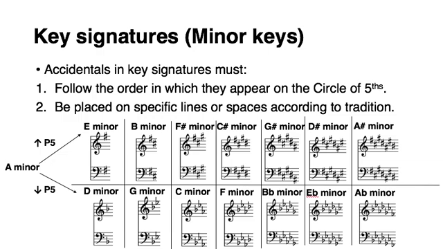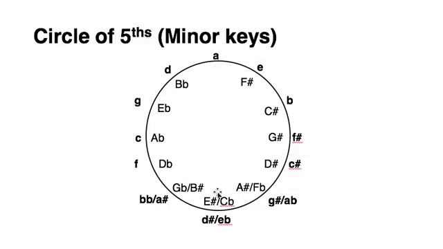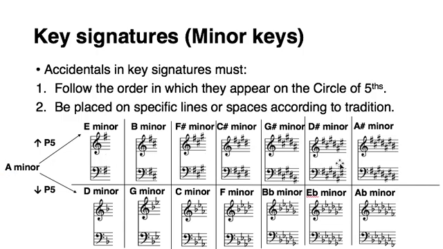We saw previously that this inside of the circle of fifths is exactly the same in what the accidentals are and their order for both minor keys and major keys. So maybe that was self-evident, but I think it helps to actually see on a graph here that the key signatures are the same and that their order is the same, the order of the accidentals, their placement, etc. Everything is the same, just the names of the scales are different.